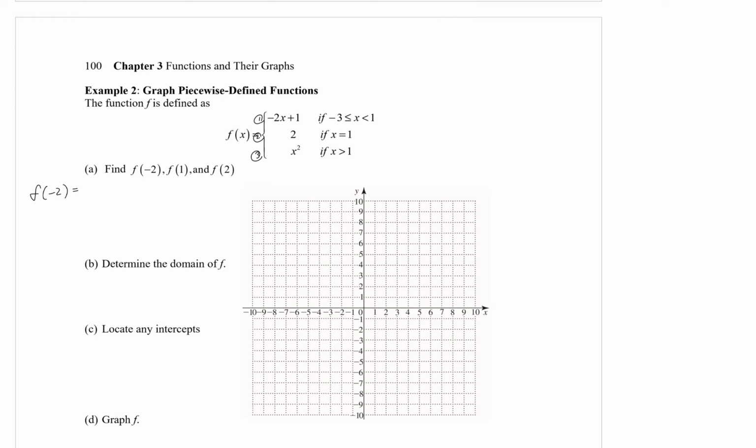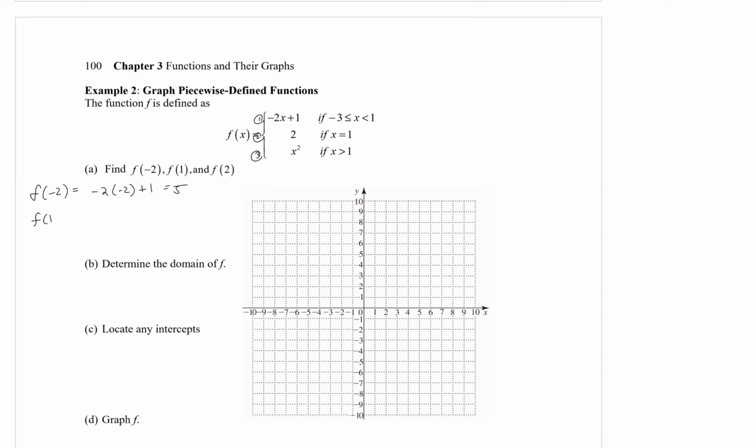So if it's between -3 and 1, not including 1, I can plug it into the first equation. -2 is between -3 and 1, isn't it? So I use the first equation. So -2 times, and then I plug in -2 plus 1. -2 squared is 4, 4 plus 1 is 5. There you go, there's my answer.